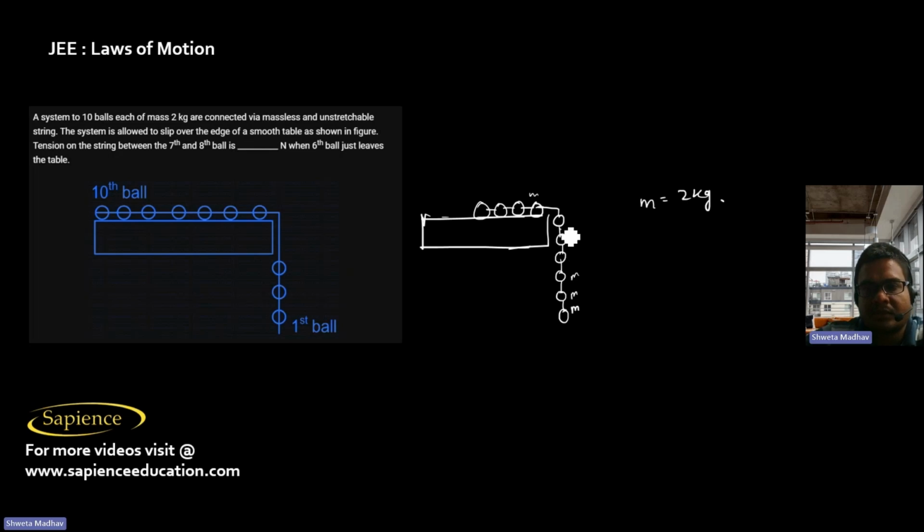So here the net weight is 6 mg, downward. If we draw the free body diagram of these 6 balls, then this is 6 mg downwards, and here we have a tension force, let's say T1.